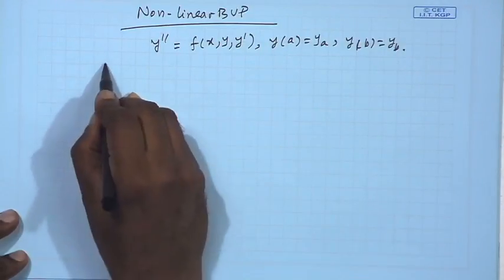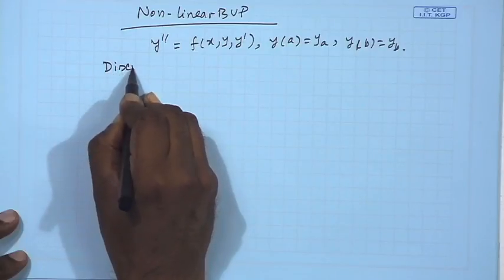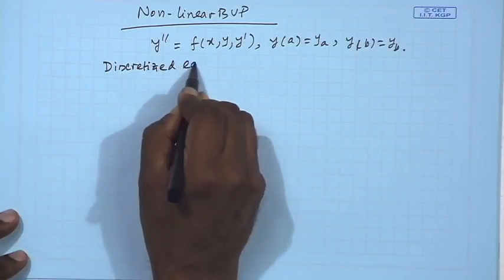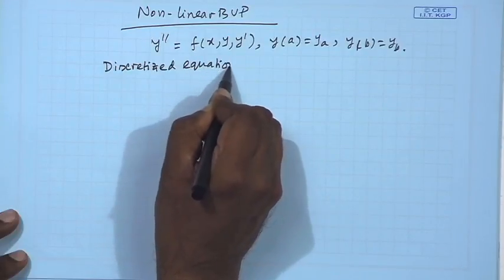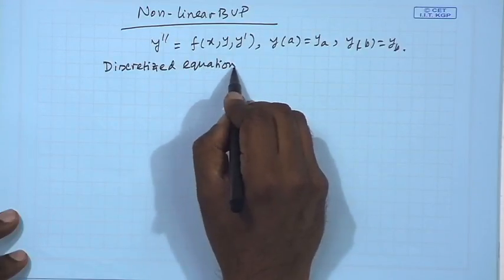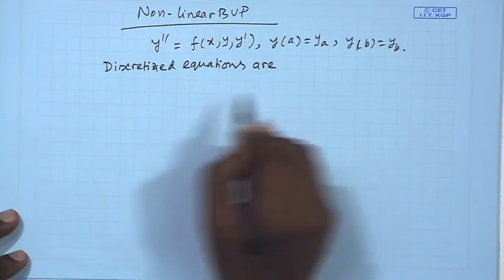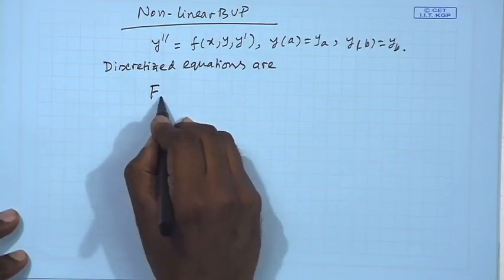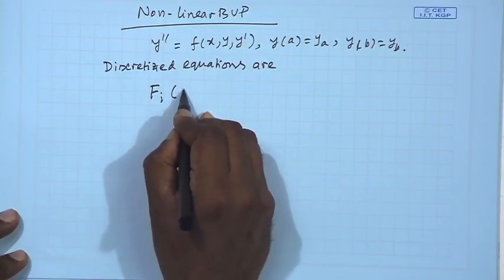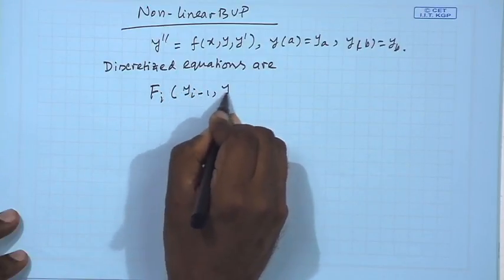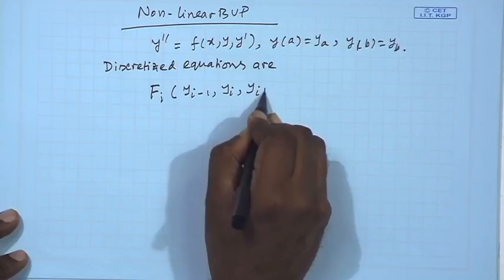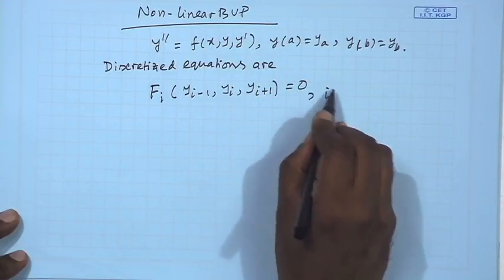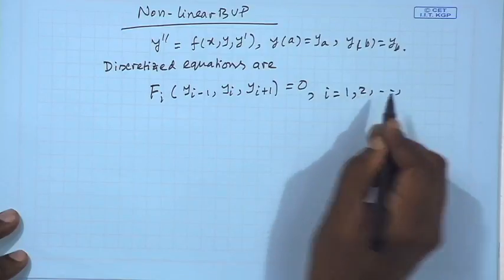So, if I discretize the equation, it will look like this. The discretized equation at grid point i will be f i of y i minus 1, y i, y i plus 1 equal to 0. This kind of equation we can get for i equal to 1 to n minus 1.